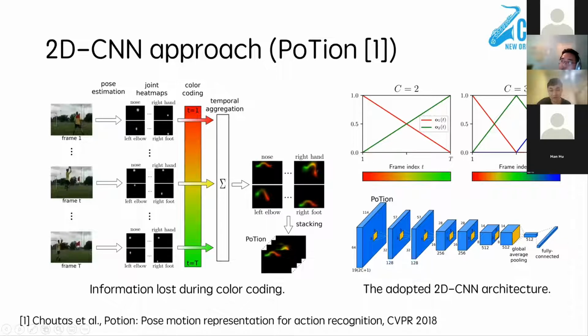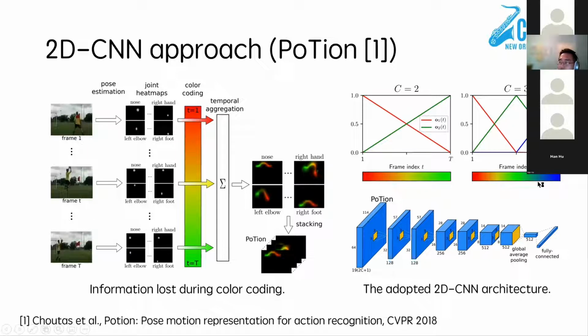PoTion is a representative skeleton action recognition approach based on 2D CNN. To convert a skeleton sequence to a 2D pseudo image, it adopts color coding to squeeze the temporal dimension. A keypoint at different time steps will be aggregated into a single track heatmap, while different time steps correspond to different colors.